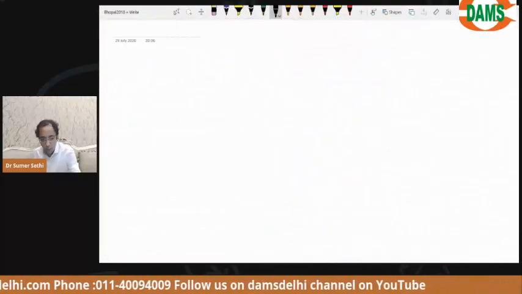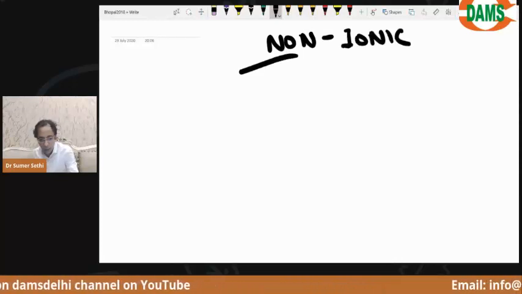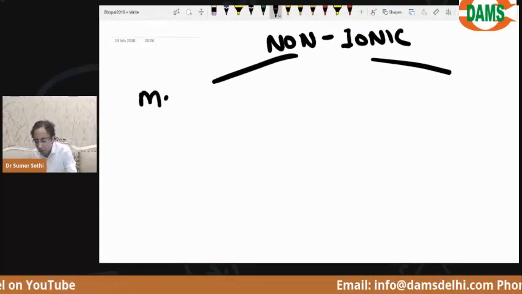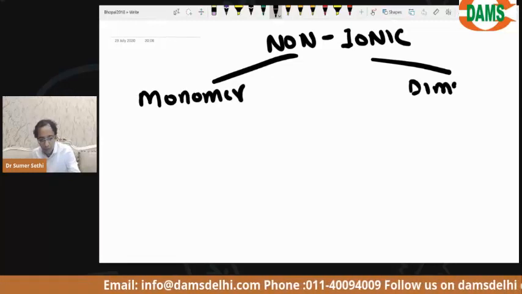When I come to non-ionic dyes, again we can have monomers and dimers.